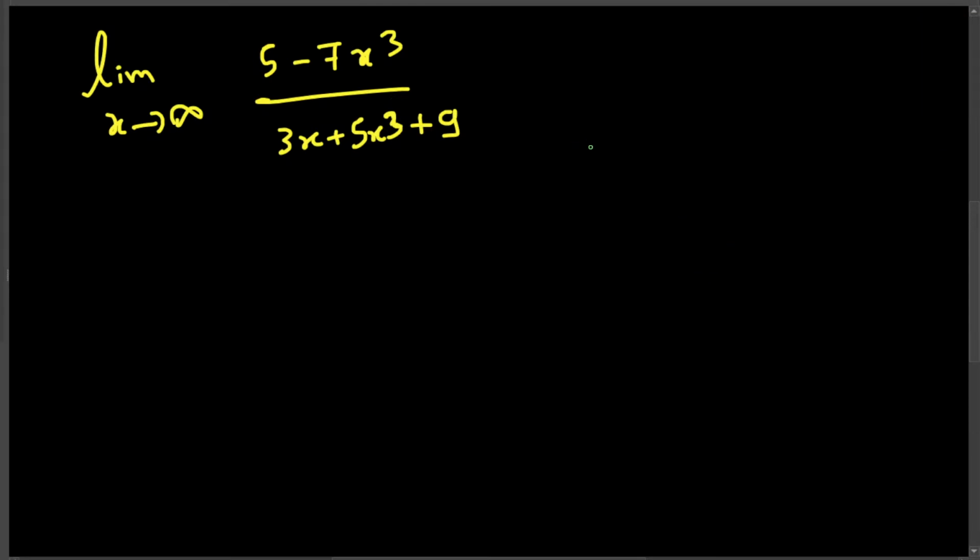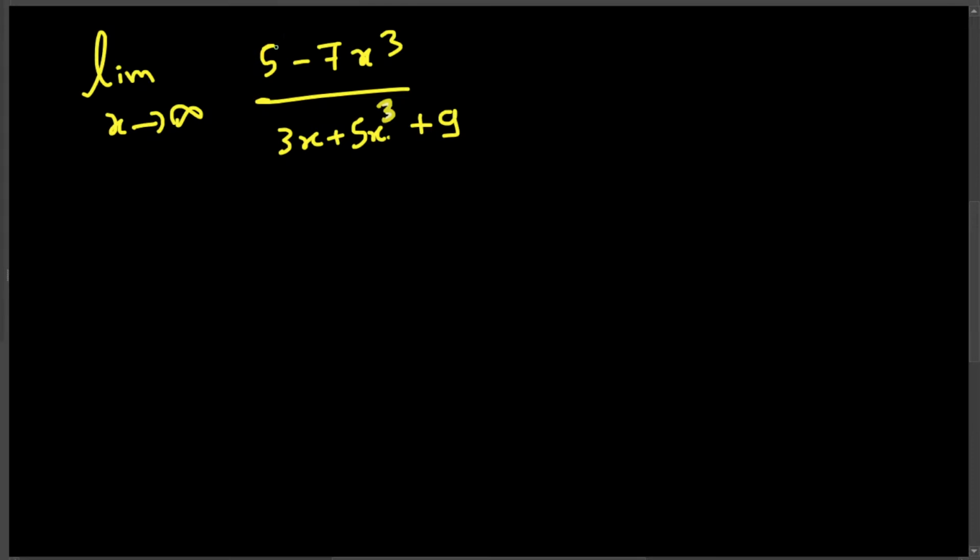Here also we can do the insignificant. Let me write this one clearly. 5x cubed. Here we can do the same thing as before. We can remove the insignificant terms. What are these insignificant terms? Whatever the highest power is here, like in the numerator, the highest power is x to the power 3. So anything except the x to the power 3 in the numerator is insignificant.